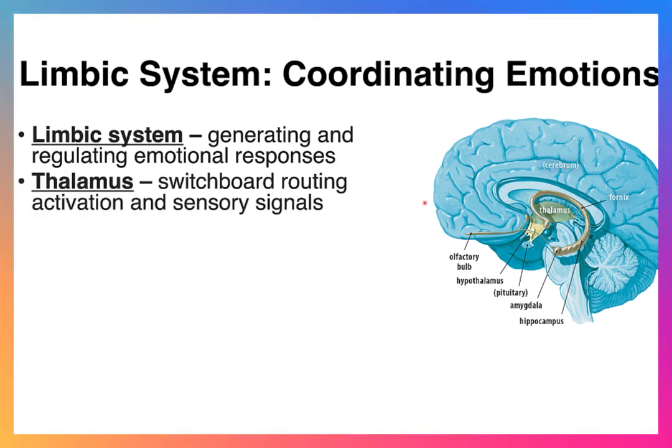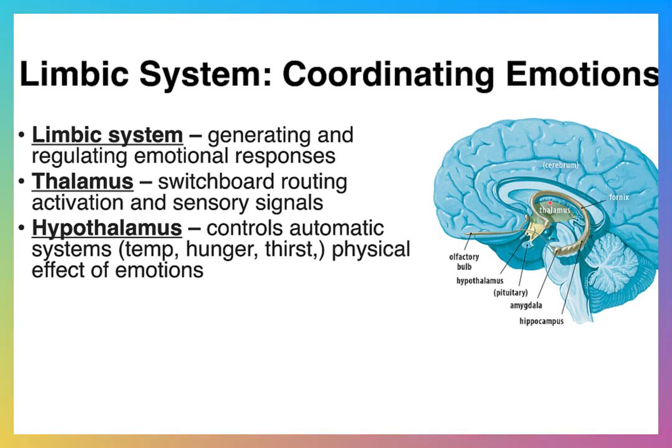The thalamus, which is right here, takes in the sensory input and routes sensory input throughout the brain, and also routes activation throughout the brain from the reticular activating system. The hypothalamus, I've mentioned in the past, controls automatic functions such as temperature, hunger, thirst, and the physical effects of emotion, including the changes in heart rate, changes in the feeling of well-being, things of that nature.